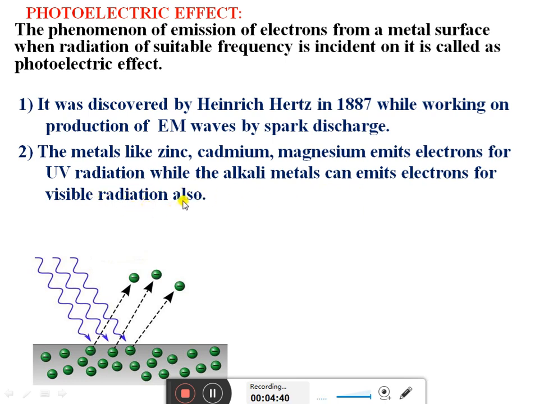Ultraviolet radiation has more energy as compared to visible radiation. As we move from ultraviolet to visible, the wavelength increases but energy decreases. So, how does it happen, how does it take place here?